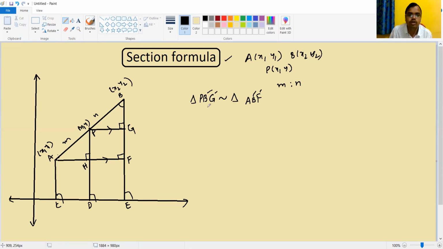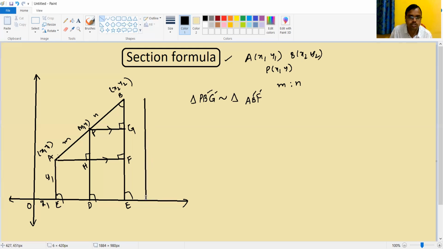Now, before proceeding with the similarity, we'll find out the lengths in terms of the given coordinates. Okay, what is this length? AC length will be y1 because the y coordinate of A is y1. Okay, and OC length, suppose this is the origin O, this length is x1. Now what is this length from here to here?